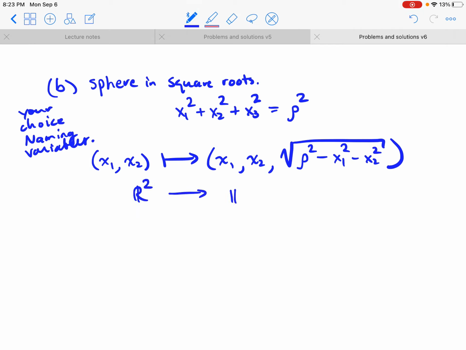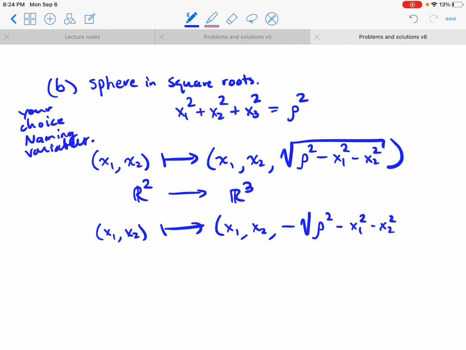Well, then this is a map from R2 to R3 because I have 1, 2, 3 component functions. But there's another map, which is I could have taken x1, x2 to the point x1, comma x2, comma minus the square root of rho squared minus x1 squared minus x2 squared.